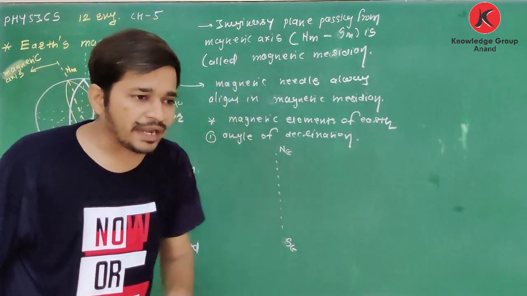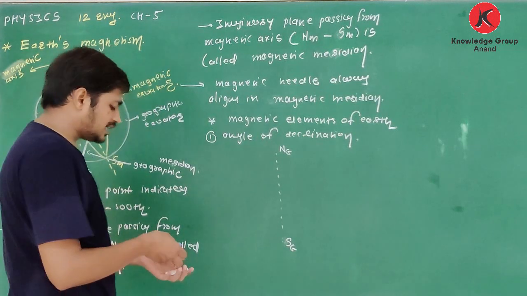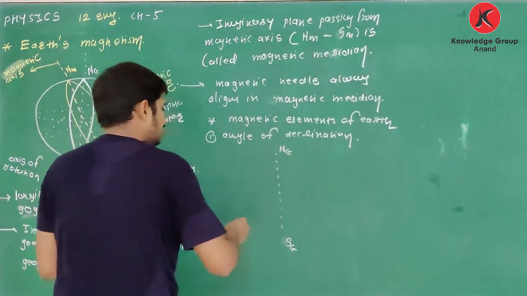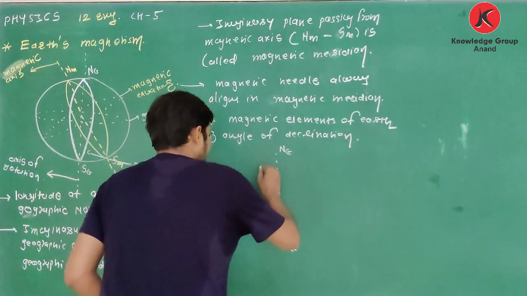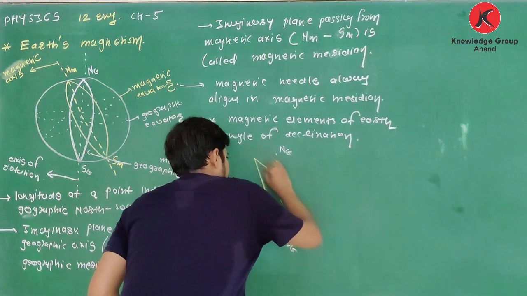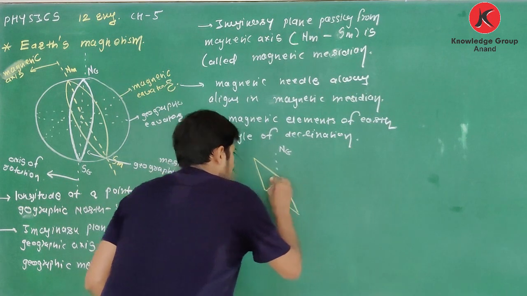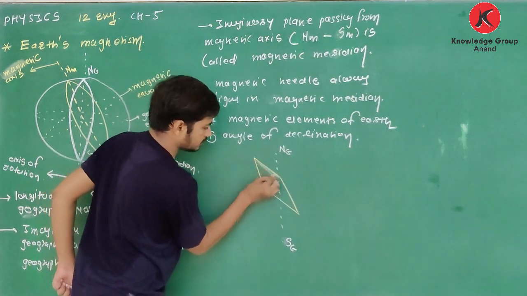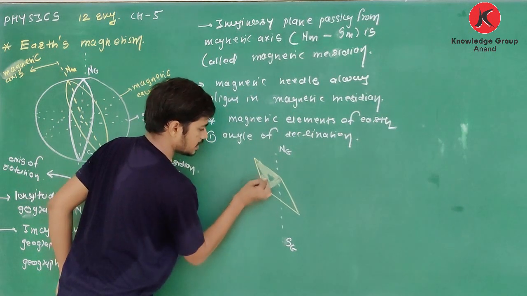No. So whenever we have one magnetic needle, that magnetic needle will align like this. Okay?